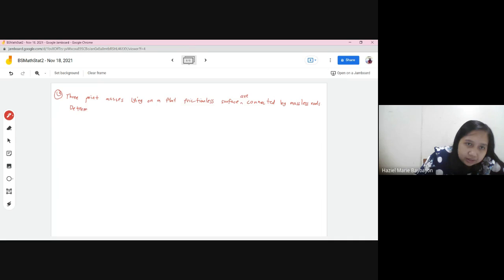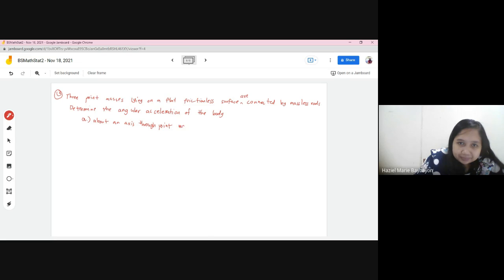Determine the angular acceleration of the body if the body is rotating about an axis through point mass A, and out of the surface.